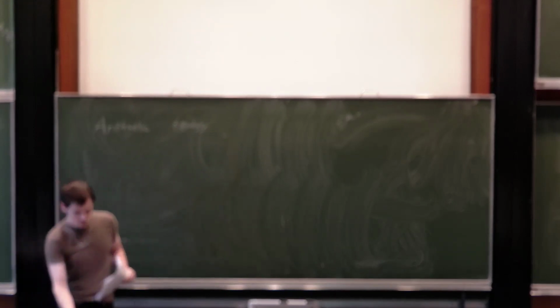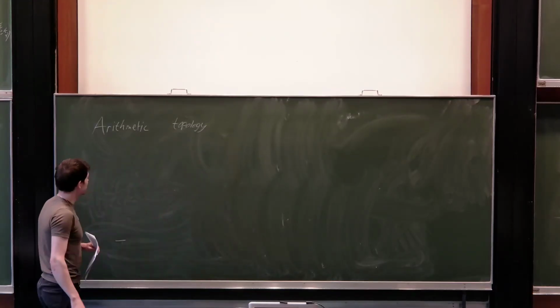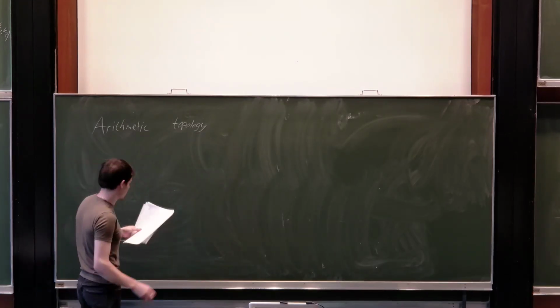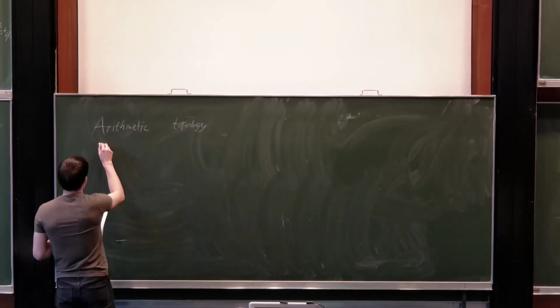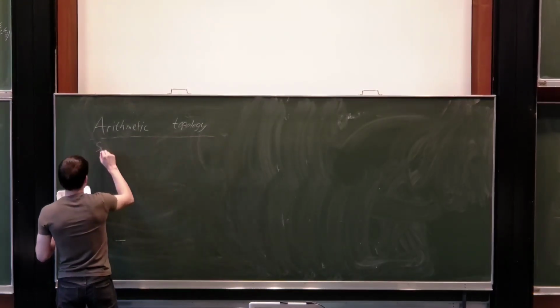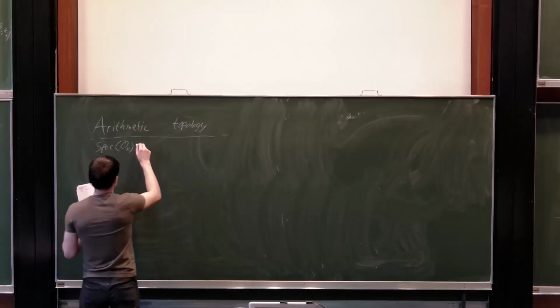The idea there is that number fields behave in a similar way to low-dimensional topology. I'll quickly sketch some of the ideas there.